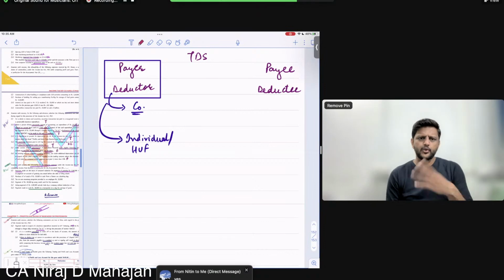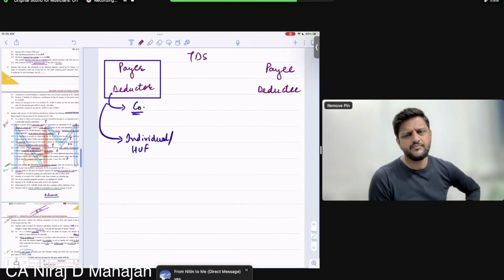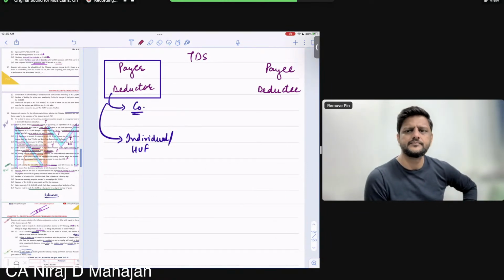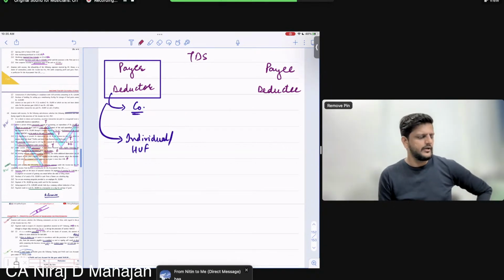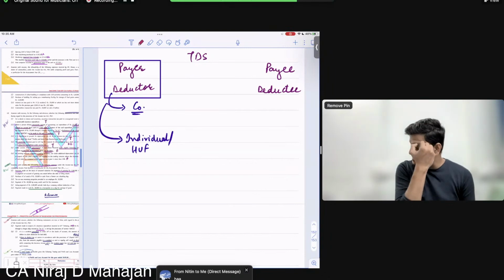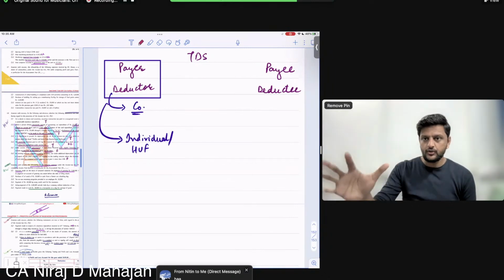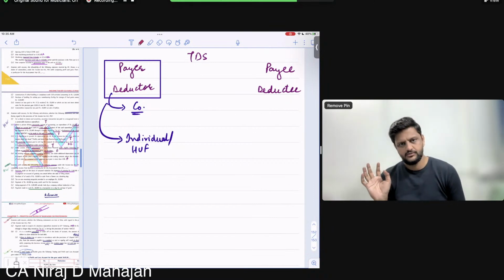Now I'm giving you again two types of assessees, company and individual. Individual and HUF are taken as one and the same. Who is the bigger assessee? Company. So if the assessee is bigger, this is just a logic and point of view, they are told to deduct taxes every year.